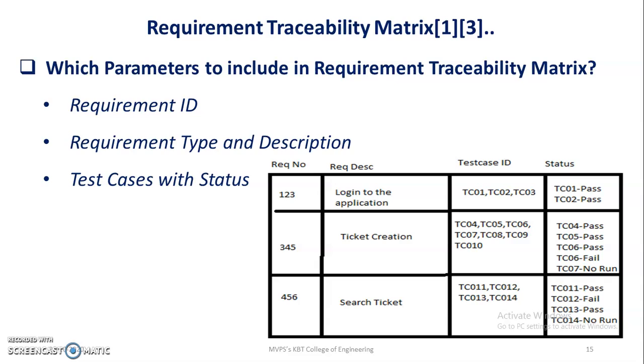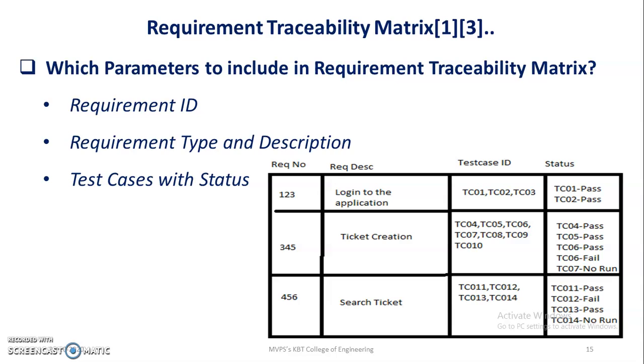So, which parameters are basically included in the requirement traceability matrix? As I explained, the requirement traceability matrix is a table, mostly a spreadsheet. So which parameters are included in that spreadsheet or table? The most important parameters are requirement ID, requirement type and description, and test cases with status.